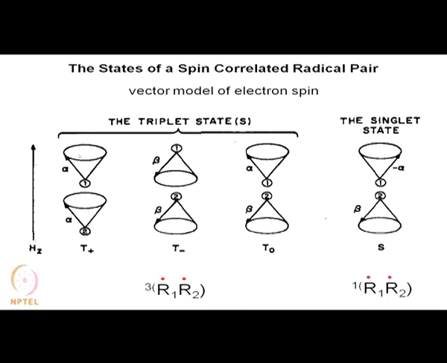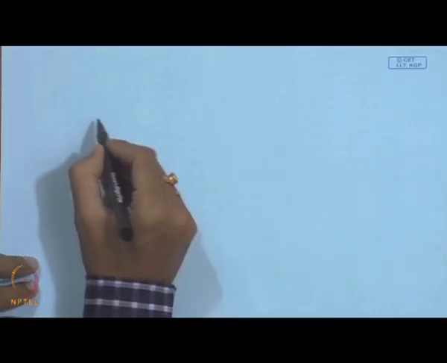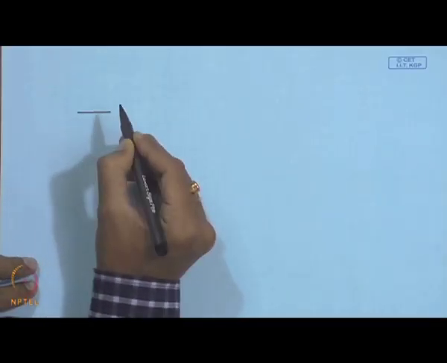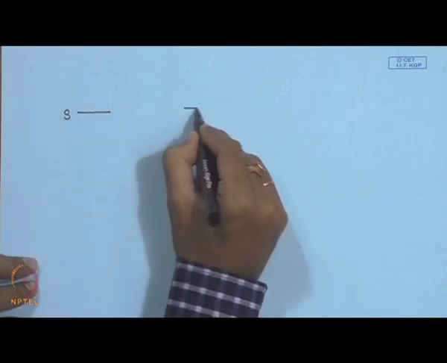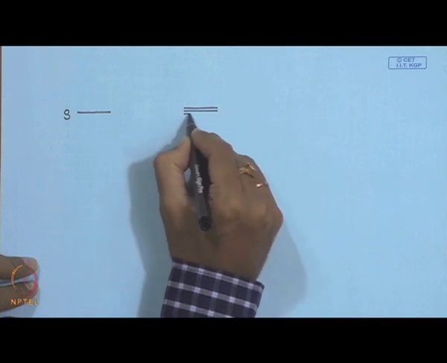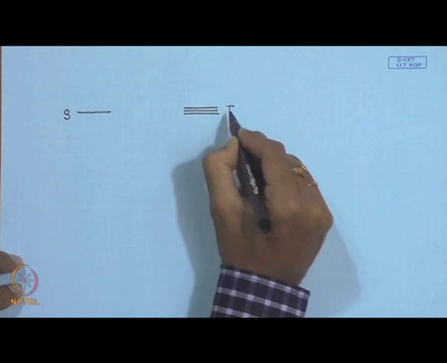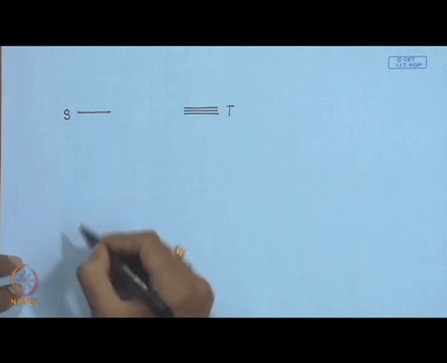So, basically what is happening is, energy level wise you have, say, this is your singlet, S, and this is your T. Of course, it has got three levels.